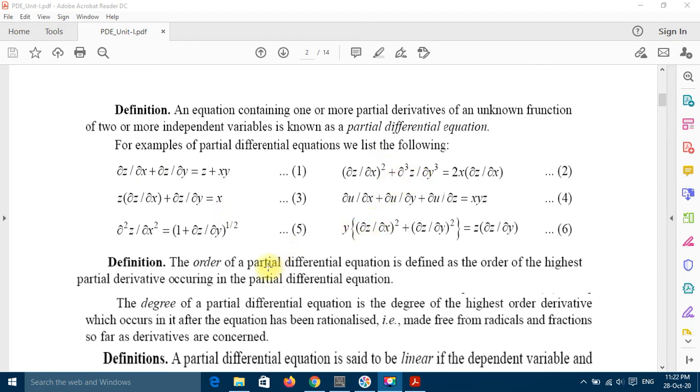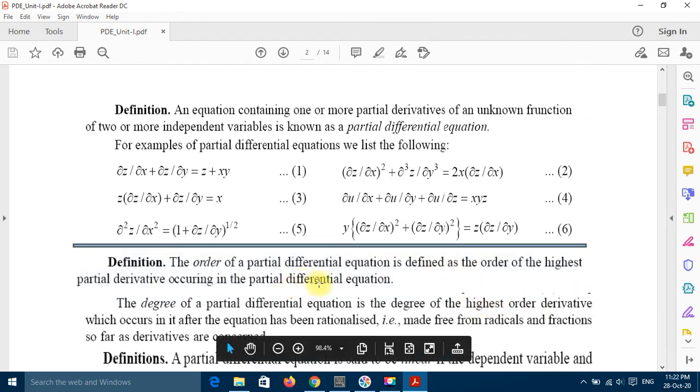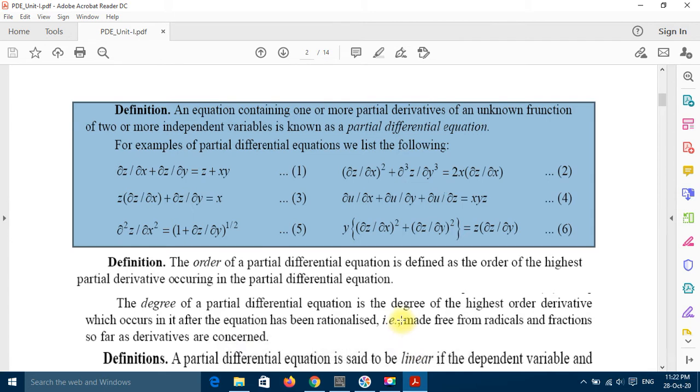Now we define the order of the differential equation. The order of the differential equation is defined as the highest order derivative occurring in the partial differential equation, and the degree of the differential equation is the power of the highest order derivative which occurs in it after the equation has been rationalized, that is, made free from radicals and fractions, so far as derivatives are concerned. Means if the differential equation has radicals or fractions, then we remove the radicals and fractions from the differential equation by squaring, cubing and so on.